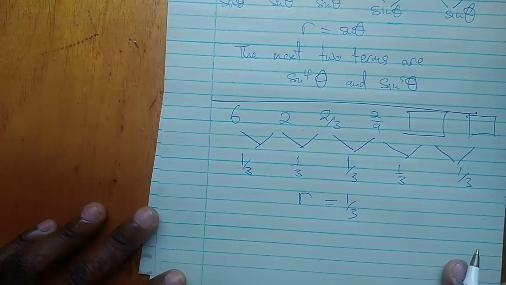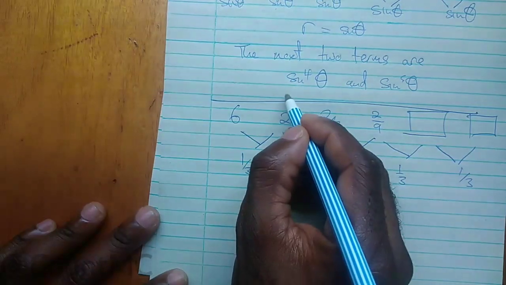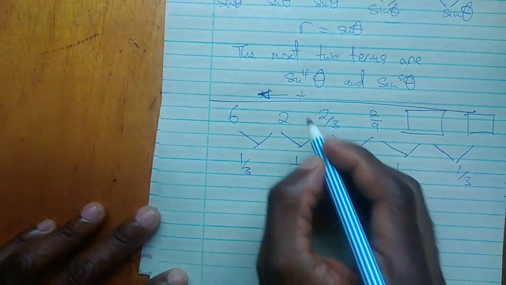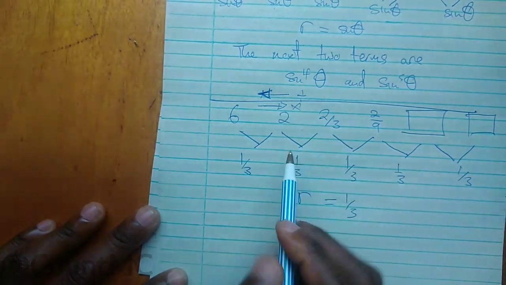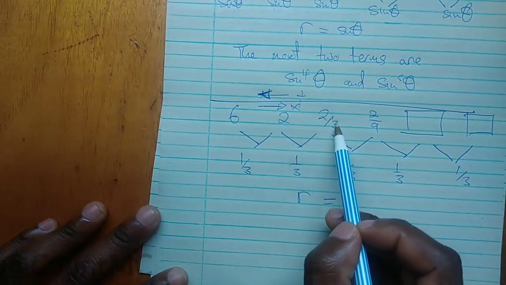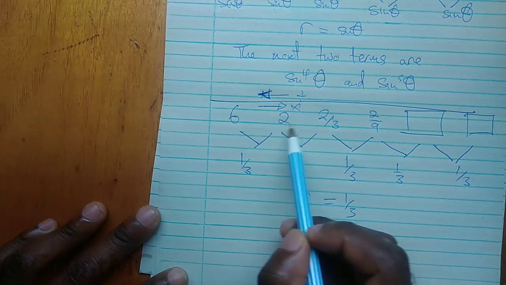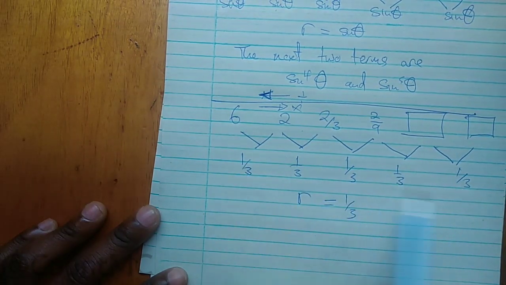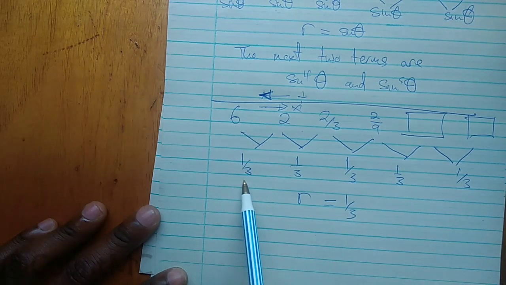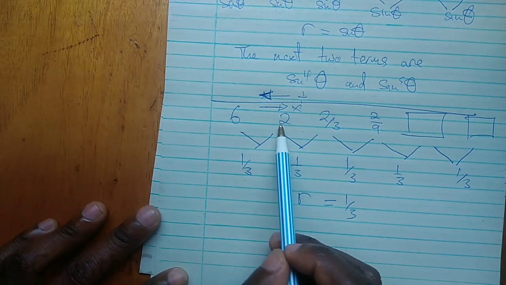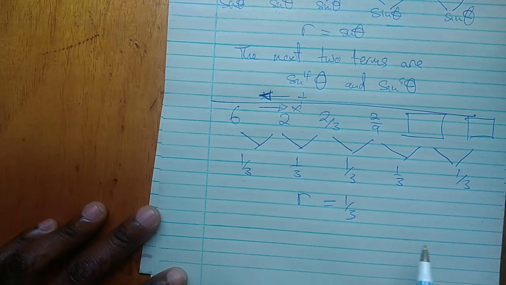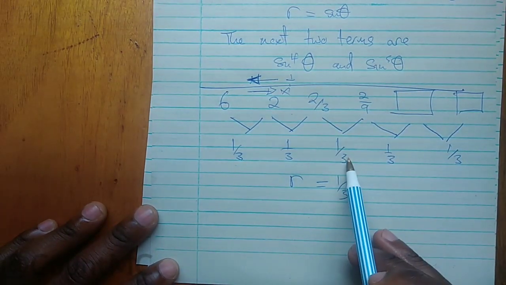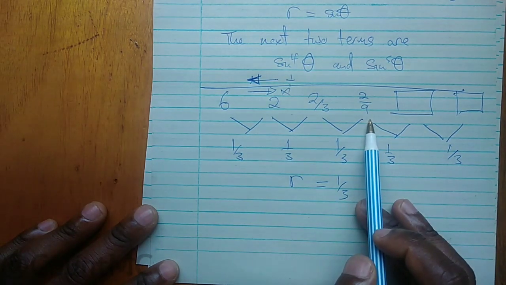Okay, and as we said, when you're going this way, you are dividing, and when you're going this way, you're multiplying. We're saying 2 divided by 6, 2/3 divided by 2. But we want to go this way now, dropping into the ratio. So it's now 6 times a third, you get a 2. 2 times a third, you get this. So let's finish up. 2/3 times a third, you get 2/9.